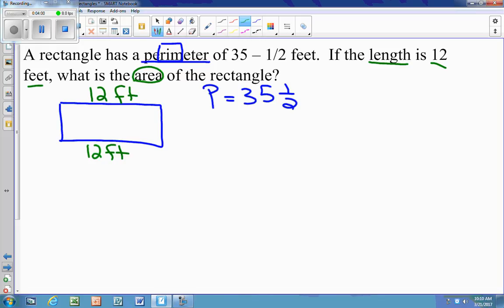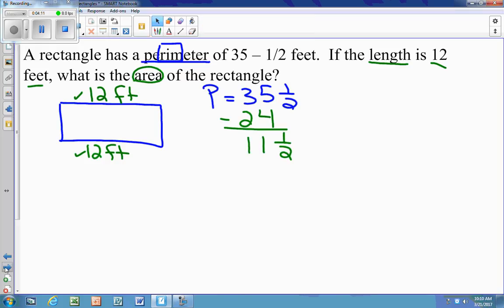So if I add 12 and 12, I have 24. And if I take that away from what I already know, I end up with 11 1/2. That 11 1/2 I have to split between this side and this side. Since I'm splitting it between two sides, I take 11 1/2 and I divide it by 2.